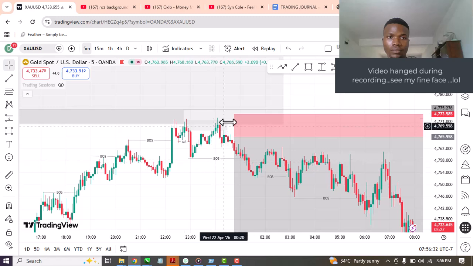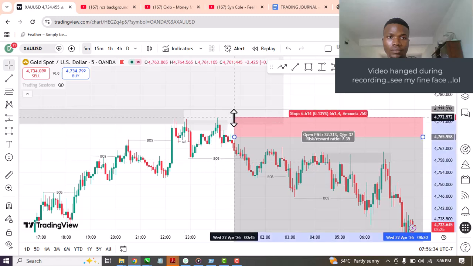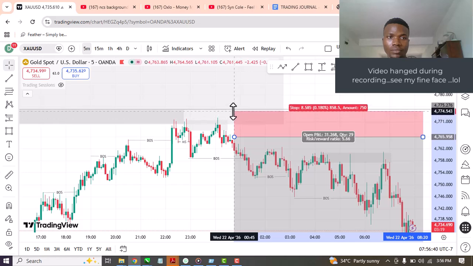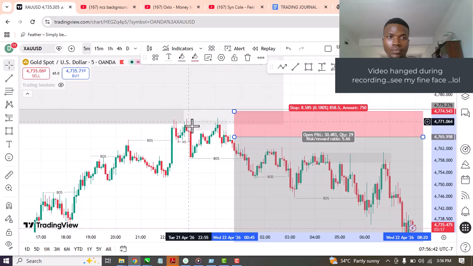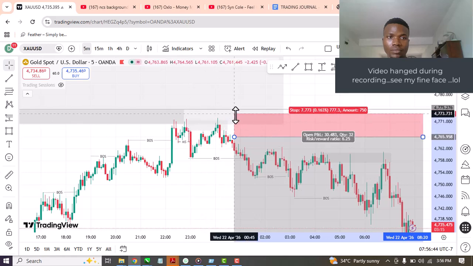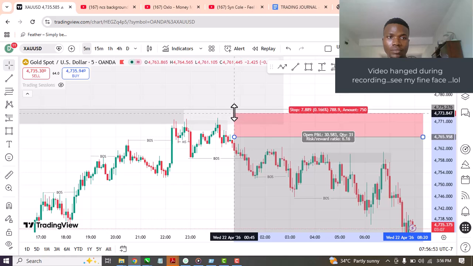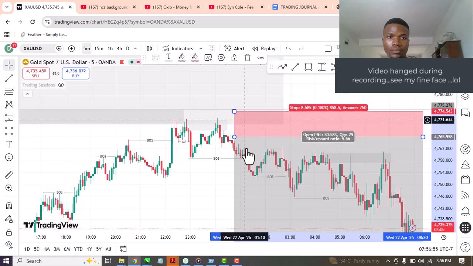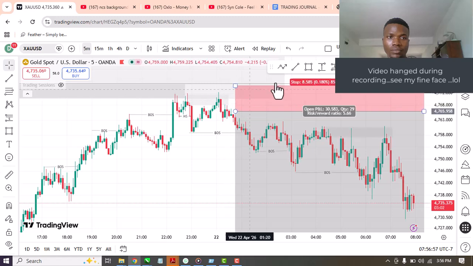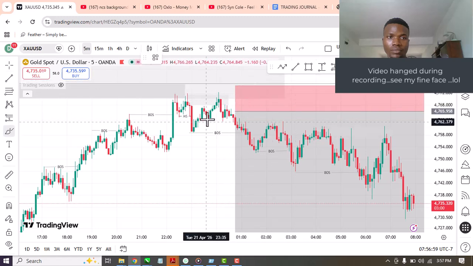What I did in the morning was raise my stop loss a little bit above this supply zone. Had I set my stop loss around there, the market would have taken me out already. But I placed it here, and immediately price pushed to the upside a little bit like this.